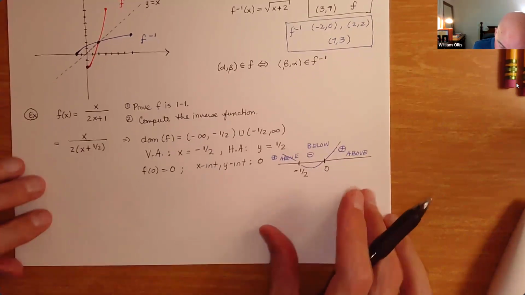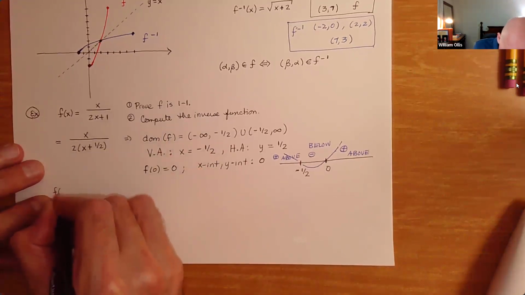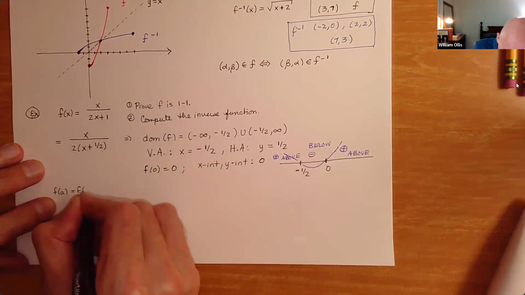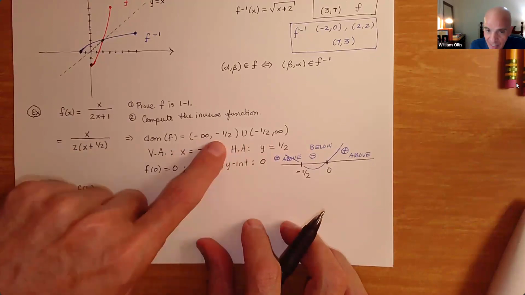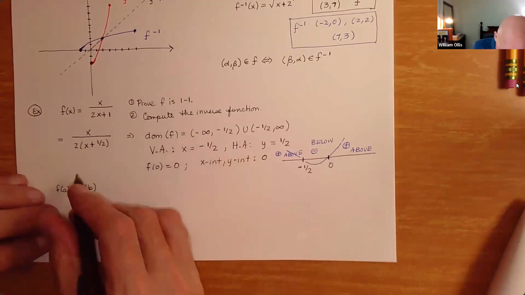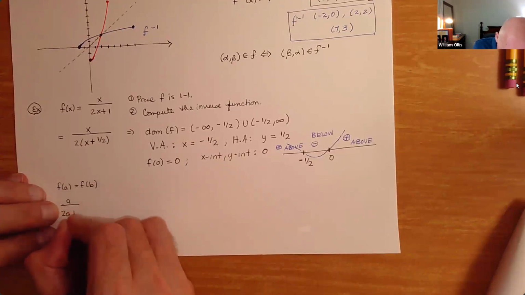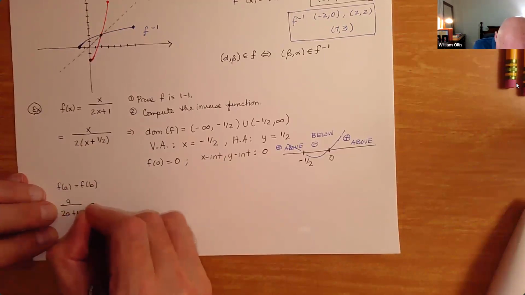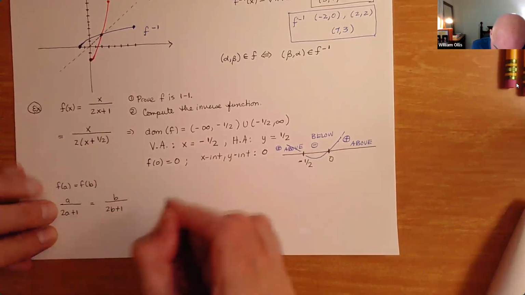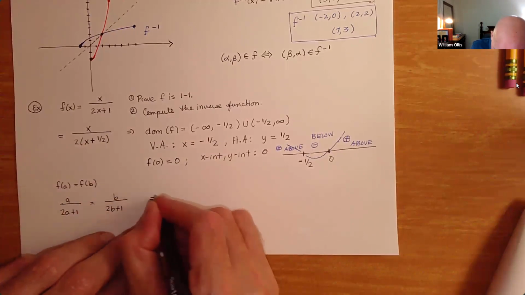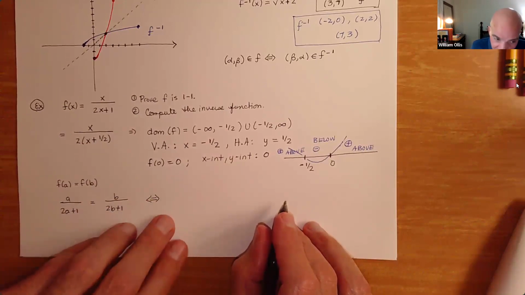So now let's go ahead and do our proof. So f of A equals f of B. That is, we just start with A and B in this set here, avoiding -1/2. So we get A over 2A plus 1 equals B over 2B plus 1. Very simple algebra. Now, of course, what we can do here is just cross multiply. That's easily done here.